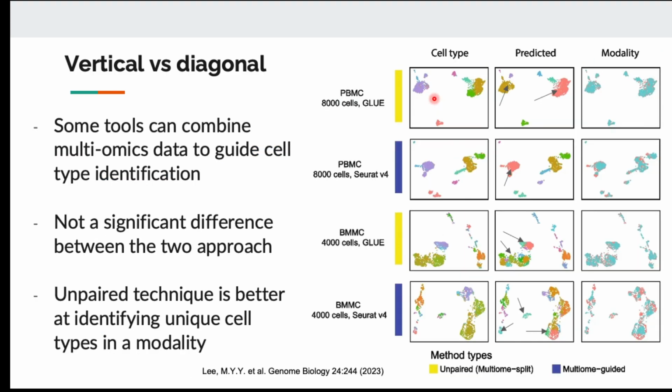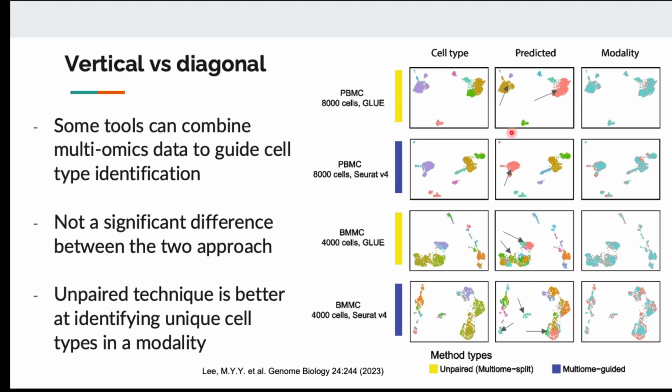And in the same study, they also show how the ground truth cell type corresponds to the prediction using different scenarios. So blue again, blue is the perfect vertical integration. Yellow is the simulated diagonal integration.